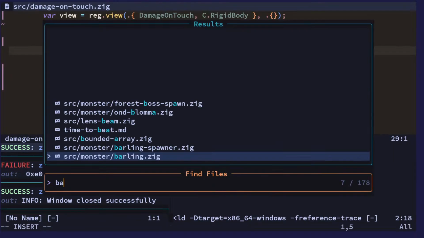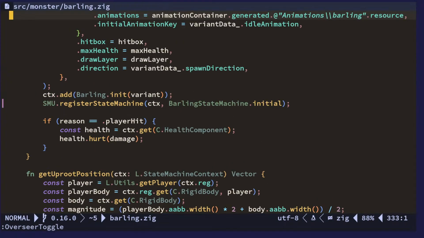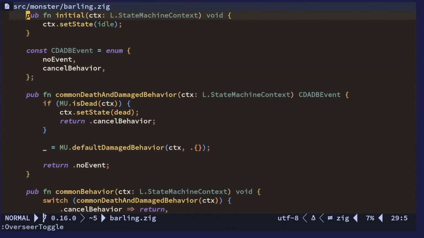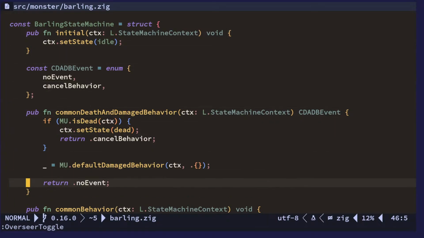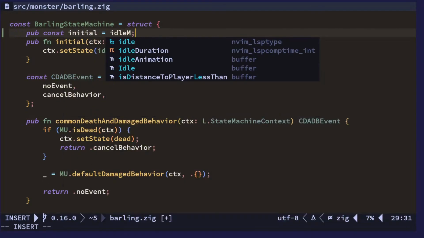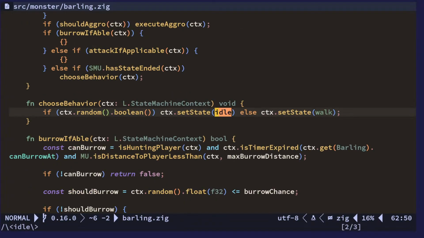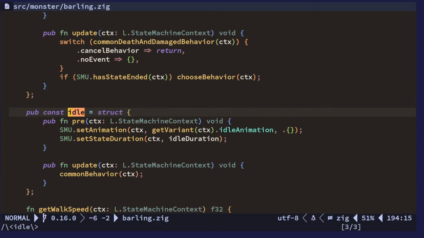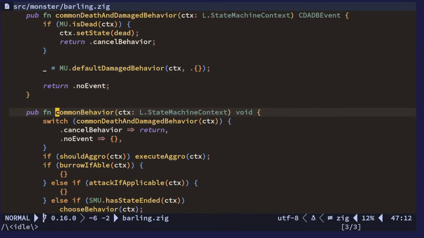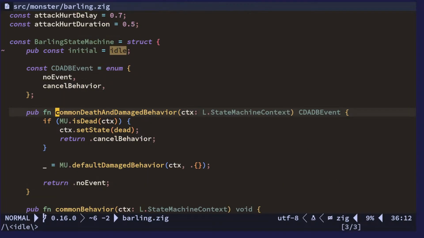Oh, wrong project. And also, this thing, we can just set this to be idle. We don't need to do that, so that skips a frame. So the common behavior should include common death damage behavior, yes.